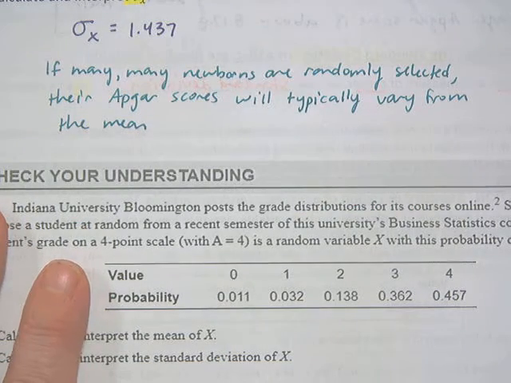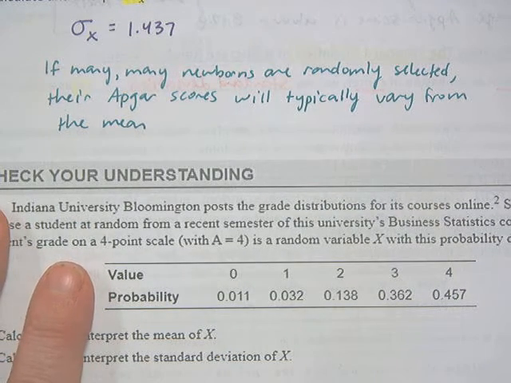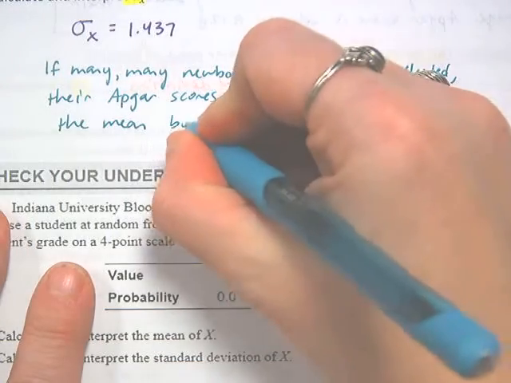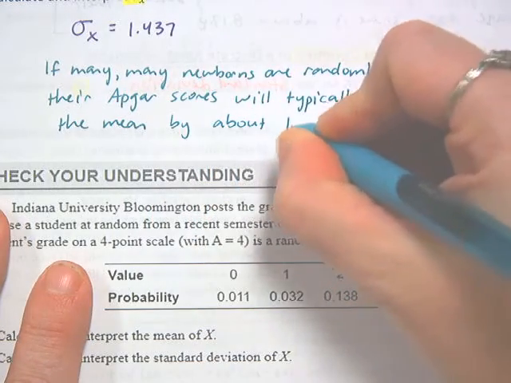Varying from the mean means how far away you are from that average, by about 1.437.